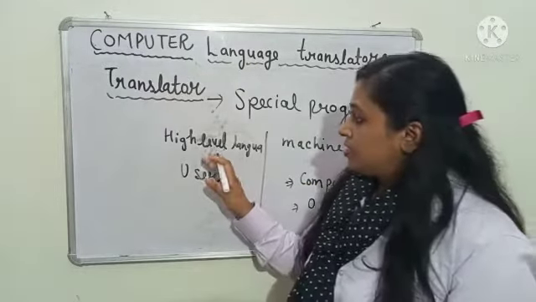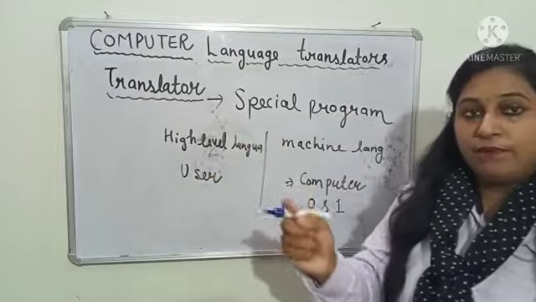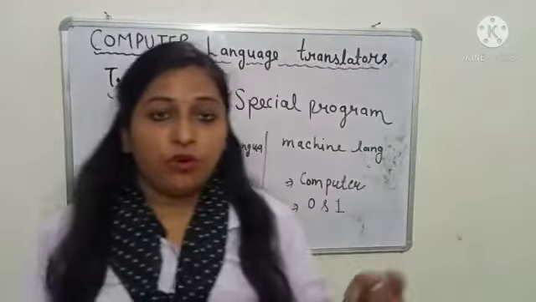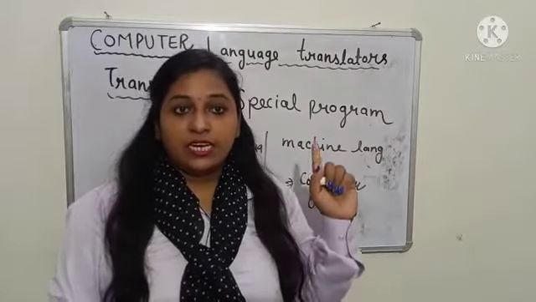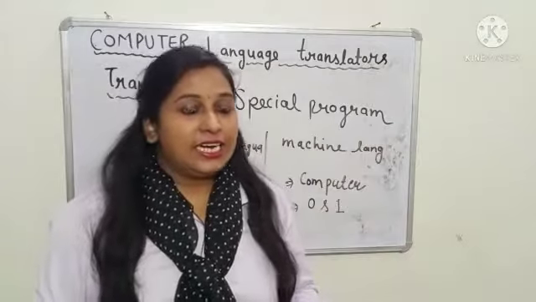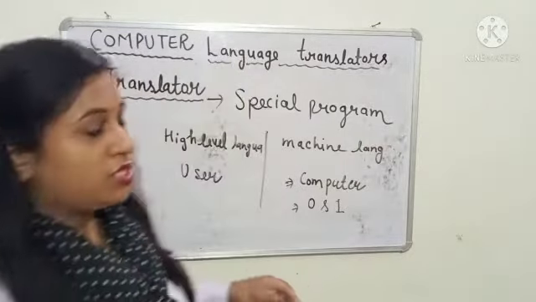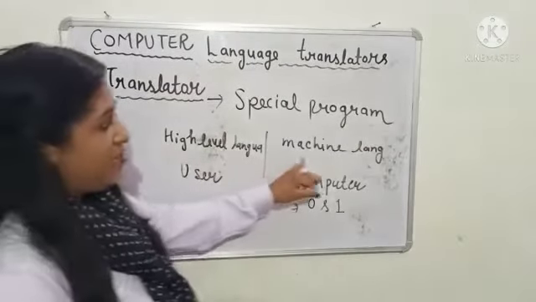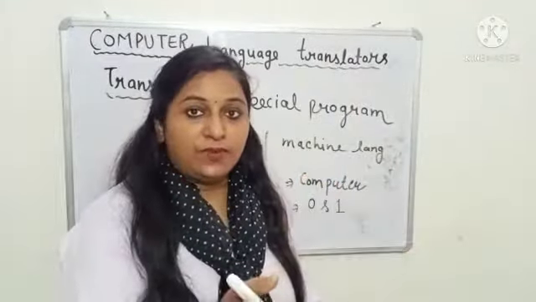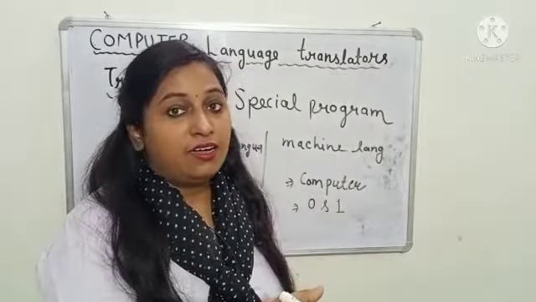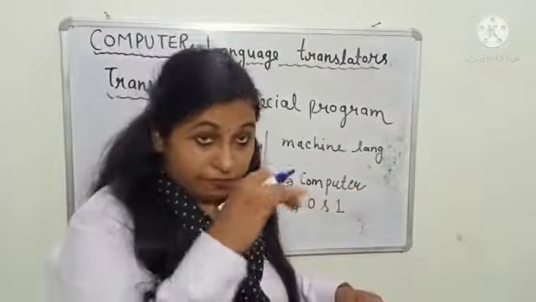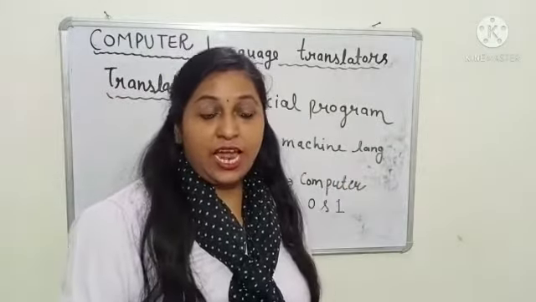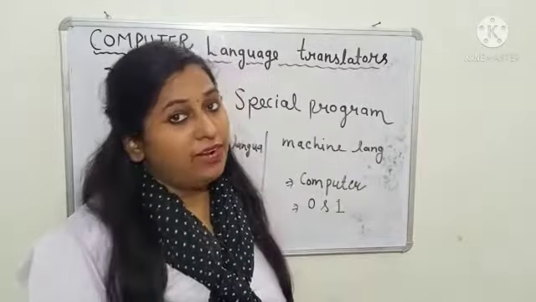But high level language is used to design programs, and high level language is basically used by the developer. The developer uses this type of high level language, and it is not understood by the computer, because the computer understands only machine language, in the form of 0 and 1.